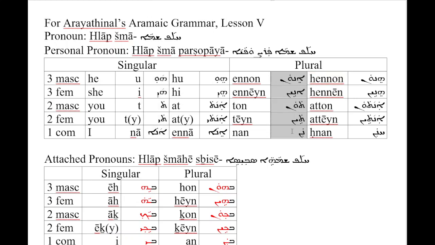Same thing here: we have the word is in English, the to be verb. We don't have that in Syriac. We repeat a pronoun. So hennon means they. Ennun would take the place of are. Hennon gawre ennun, they are men. Or you could just say gawre ennun. Henin, they feminine. Nishe, which means women, enin.